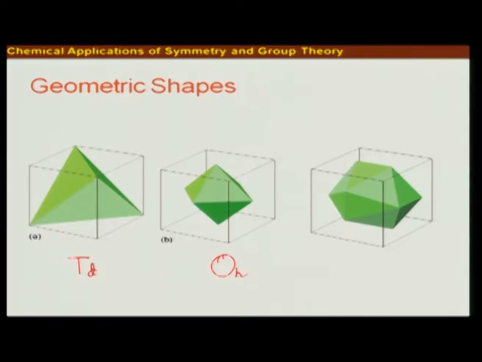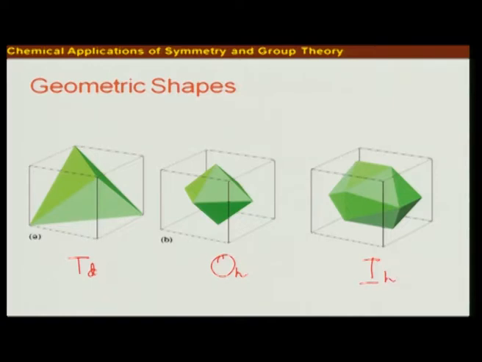We just now did this exercise using an MX6 molecule, and this particular structure will have icosahedral point group. In this particular case, you cannot see all the faces, so that may pose a little bit of difficulty.